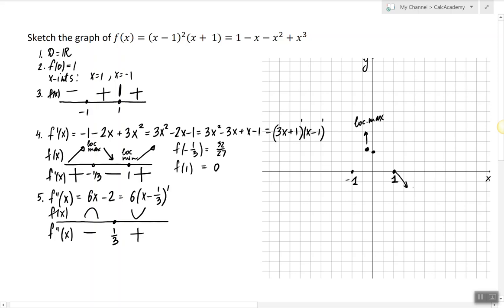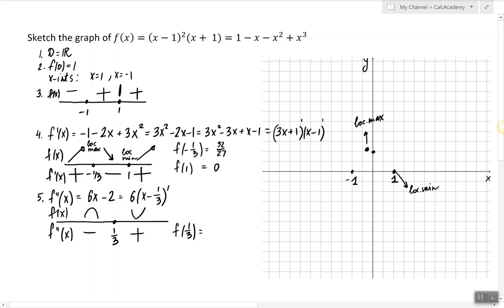At 1, on the other hand, we have a local min. Now, another thing that we learned from the analysis of the second derivative is that at 1/3 we have the inflection point. And what is the value of the function at 1/3? We can just plug it in to find out.